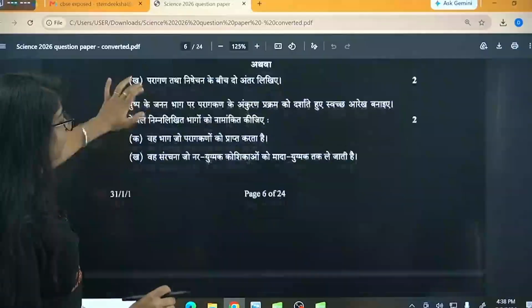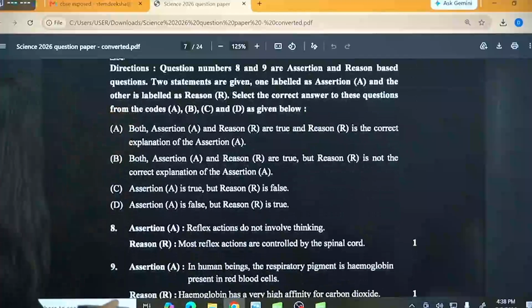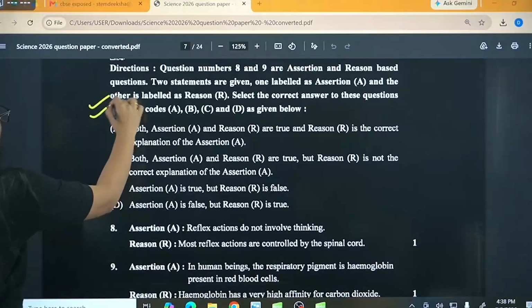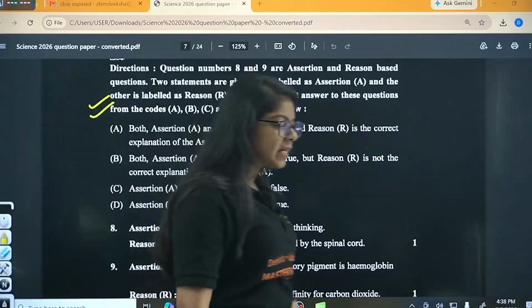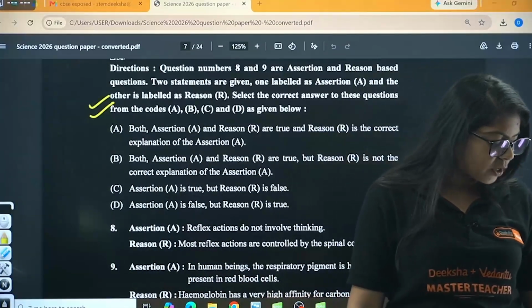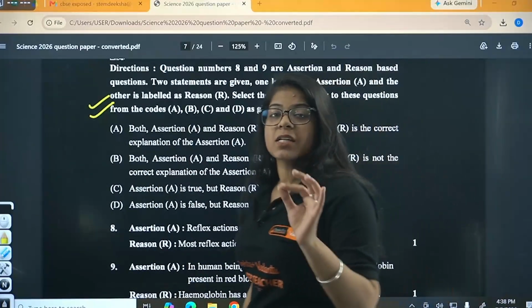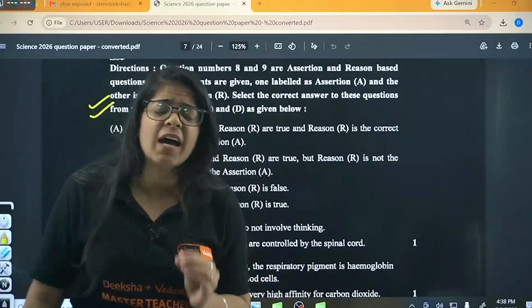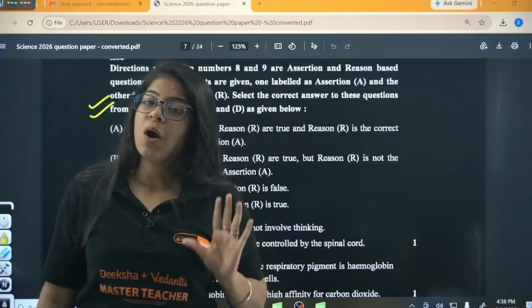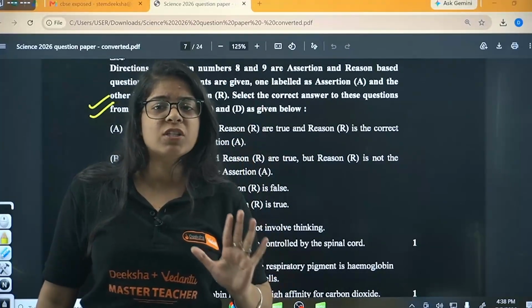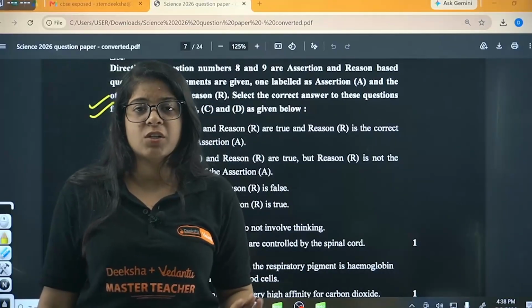Now look at this carefully. You get this question, that is your assertion reason question. Why is this assertion reason question very important? Because for it you will need a hell of a lot of practice. I'll be upfront with you: I won't say that just do 4 assertion reason questions and you'll be fine.